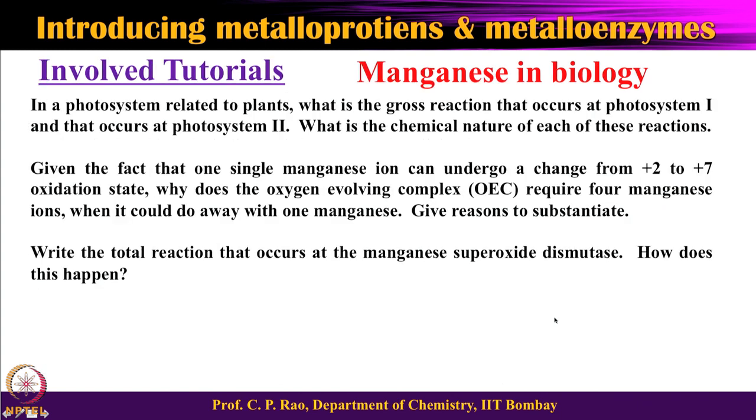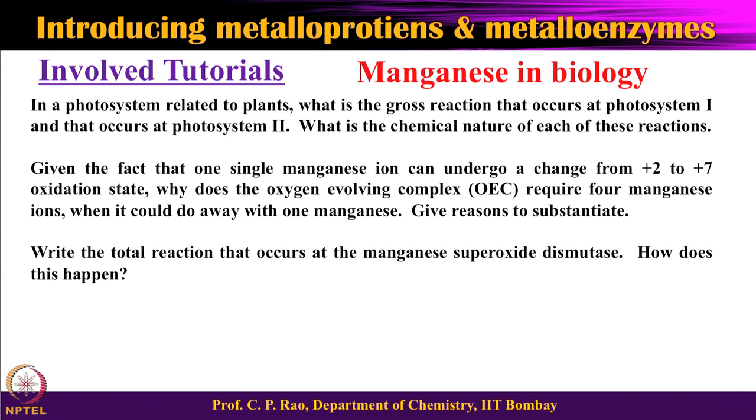Okay, let us get into another arena of the enzymes, which is manganese based. Look at one of the questions first. In a photosystem related to plants, what is the gross reaction that occurs at photosystem 1 and that occurs at photosystem 2? It is already given in my slides.